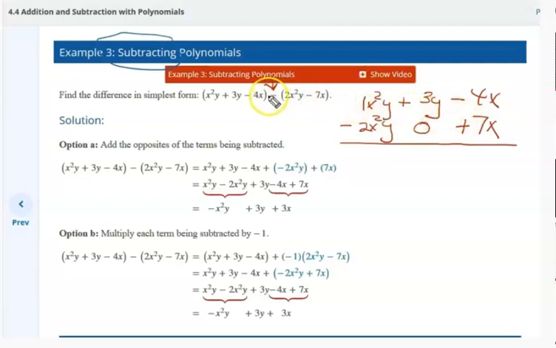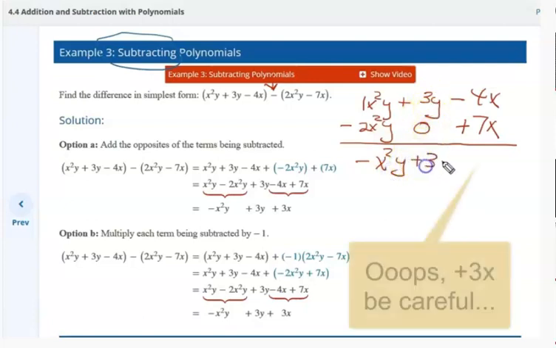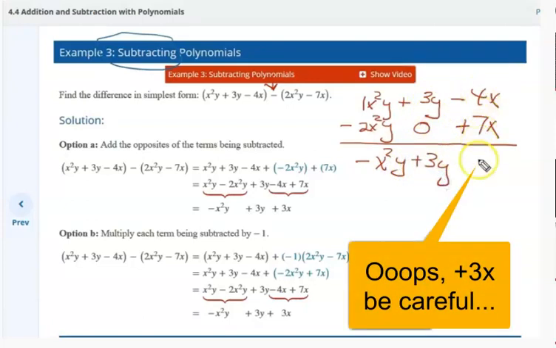You've converted the subtraction by changing each of these signs and then adding. So this becomes a negative, we could put a 1 there, but we don't, x squared y. Just bring this down, plus 3y. Now do this subtraction and you end up with a positive 7x, which is what they have.